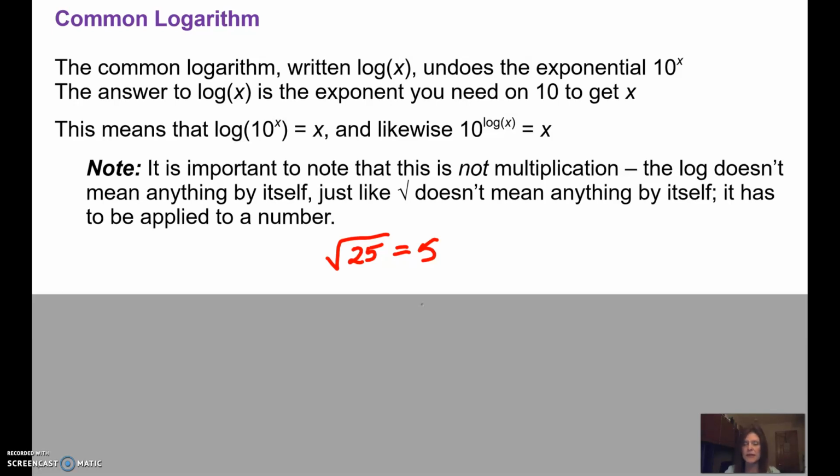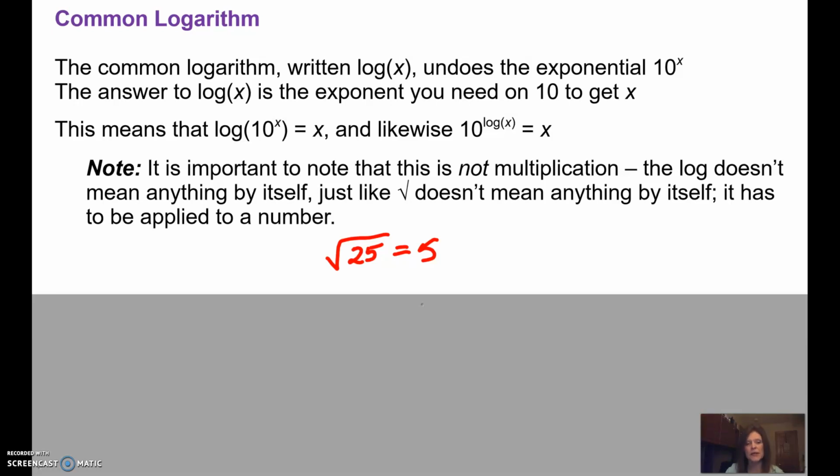I know this sounds kind of crazy at first, but I promise a couple examples and it'll make a lot more sense. So if I take log of 10 raised to the x, I'm going to get back my x because the log is undoing raising 10 to the x. Similarly, if I take 10 and I raise it to log of x, I'm going to get back my x.